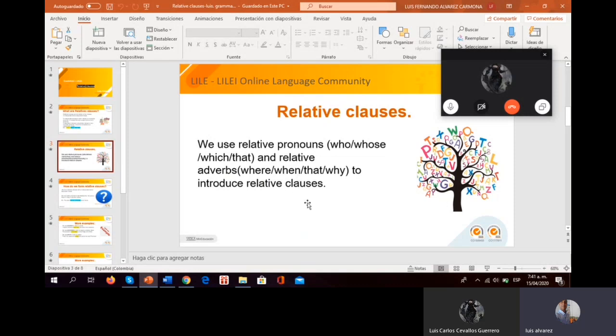Relative clauses. Okay, teacher. Relative clauses use relative pronouns, for example, who, whose, which, that, and relative adverbs, for example, where, when, that, why, to introduce relative clauses.